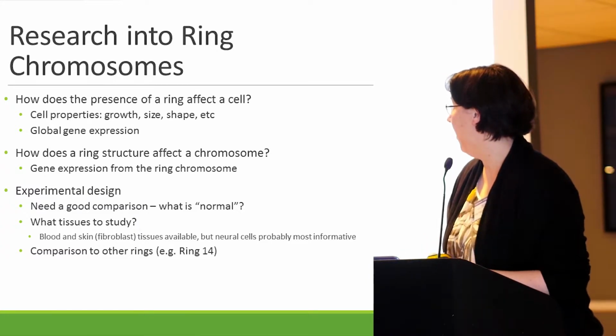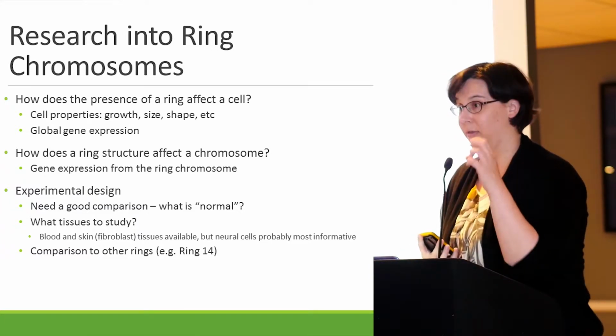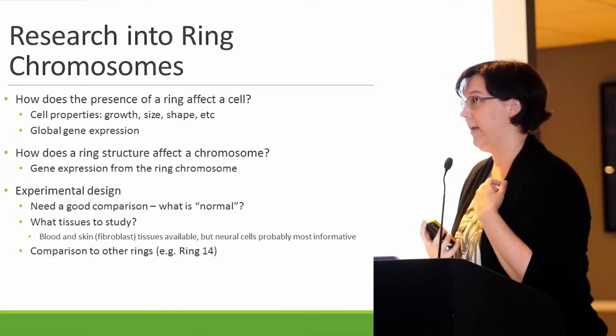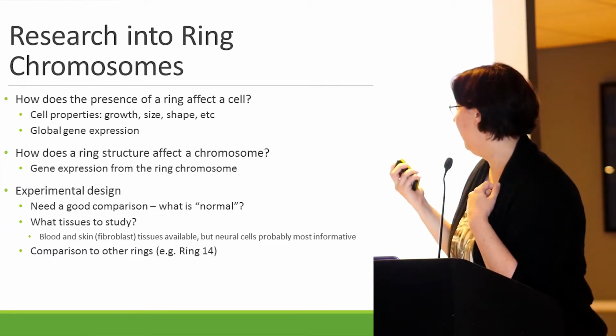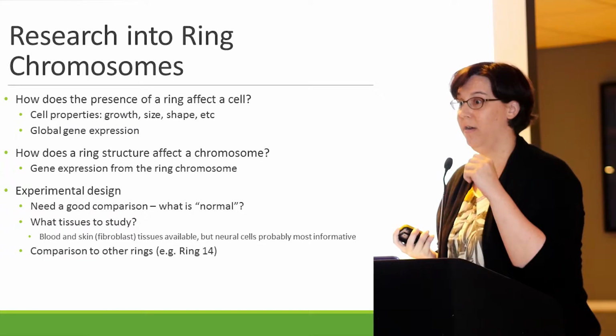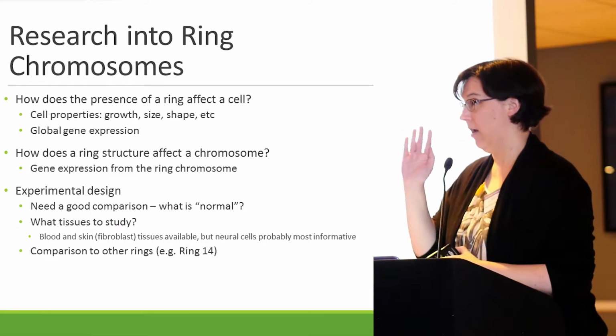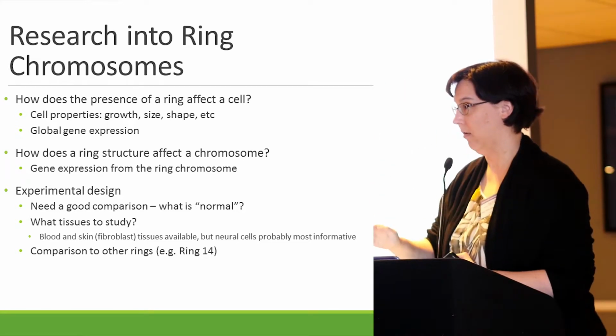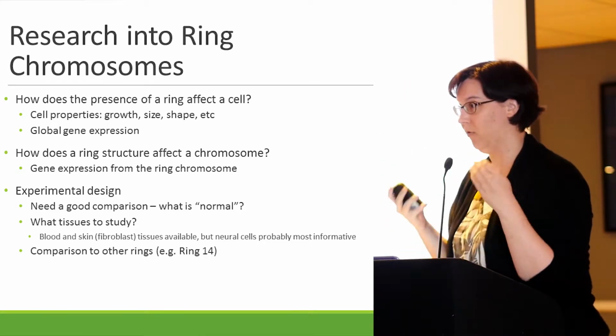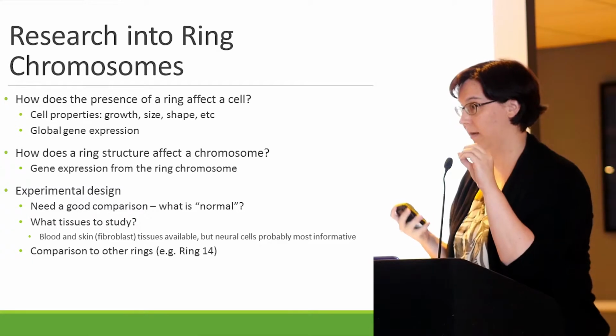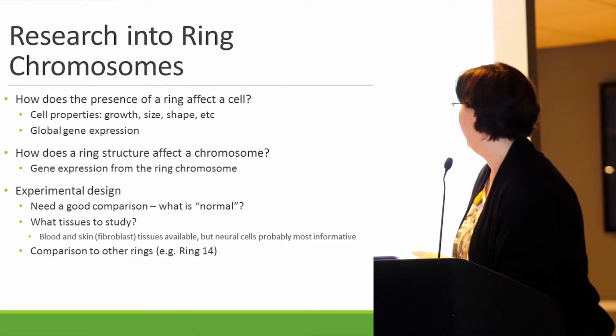To answer the question of how a ring affects the chromosome itself, we can use newer technologies to look at expression of genes from the ring itself as compared to genes on the linear, or normal, chromosome. So, directly comparing a ring to a normal chromosome.